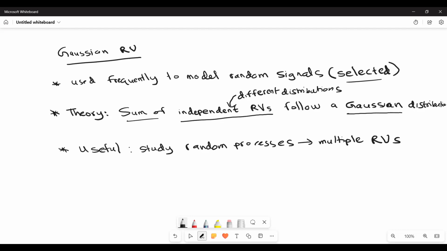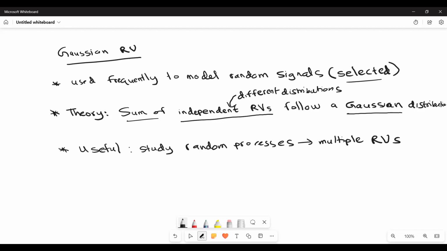So when we are studying those, we assume that the distribution of the sum of these random variables follows a Gaussian distribution, which is useful for us to model the final distribution of the total process.